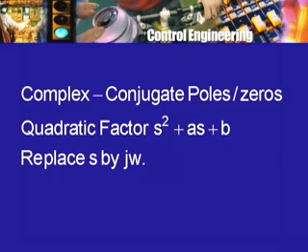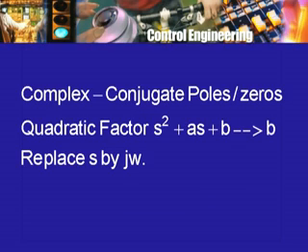At the DC end or towards the low frequency end, since we are replacing s by j omega and omega is small, this is nearly equal to b and therefore nearly equal to constant. As a result, the low frequency asymptote is just a horizontal line, that is a constant gain line.